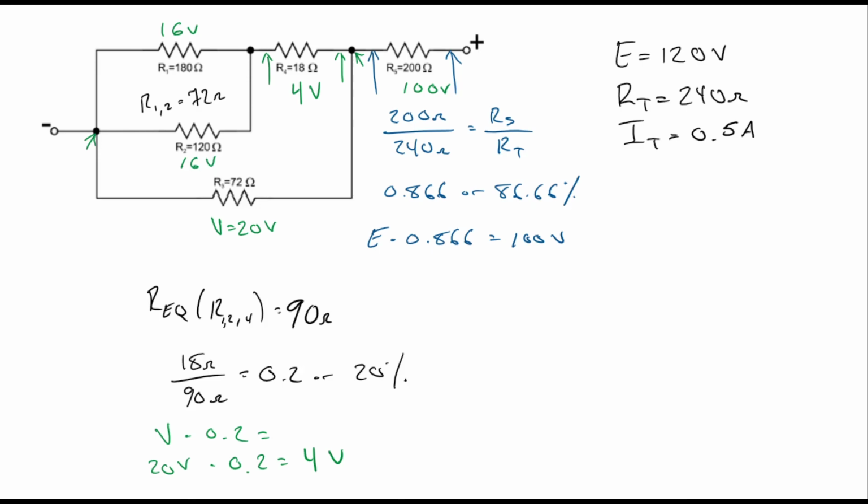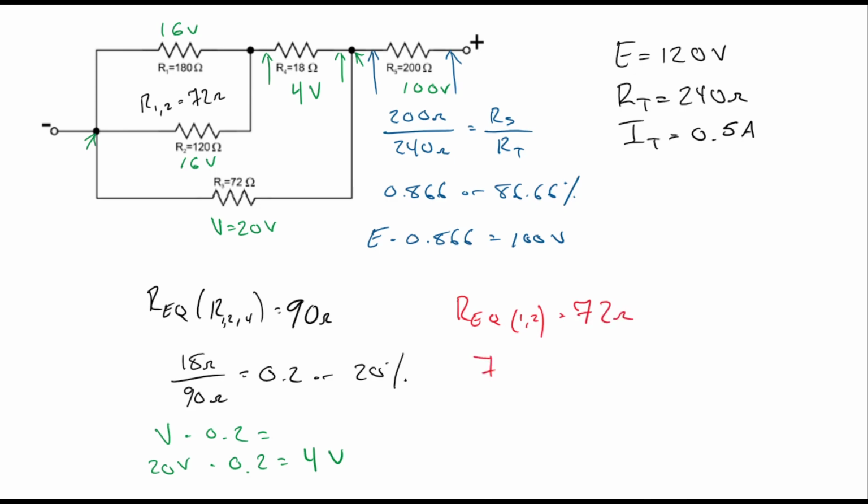If you want to verify that, which is always a good thing to do, when I set an R equivalent, I can do this in red, R equivalent for 1 and 2, we said that was 72 ohms.